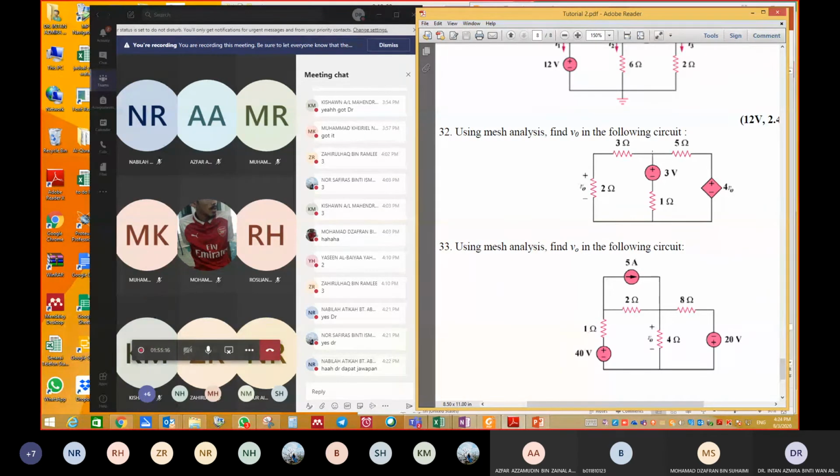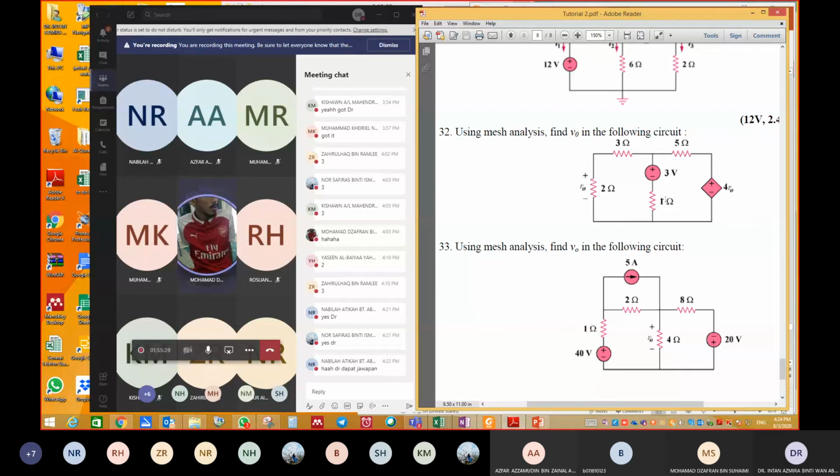So here V1 minus 3 divided by 1. Okay, now let's try. So V naught is equal to what?